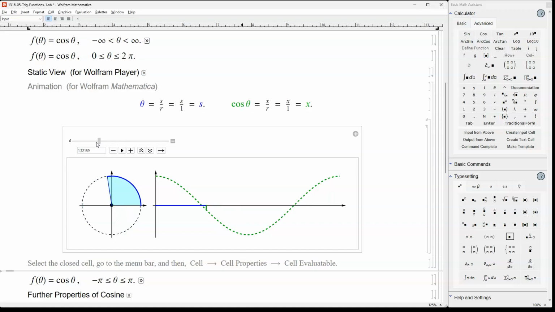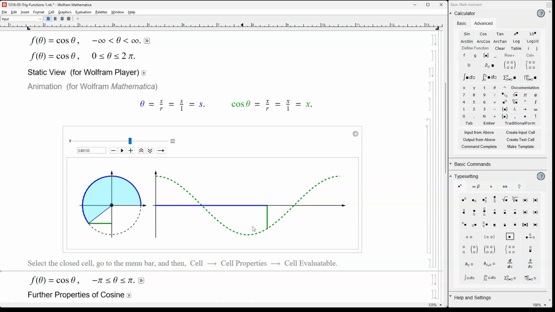So, starting from the first quadrant, I'm moving to the right, so x is positive. Let's begin with 0, and that's when x, horizontal, is at maximum. So we begin with maximum function value 1, and decrease, decrease, decrease. x is still positive, so the function value is positive there, hitting 0 here, and then going further to negative, to the second quadrant. x is now negative, getting more and more negative, minimum -1, and then getting less and less negative.